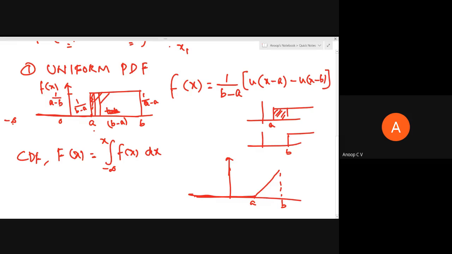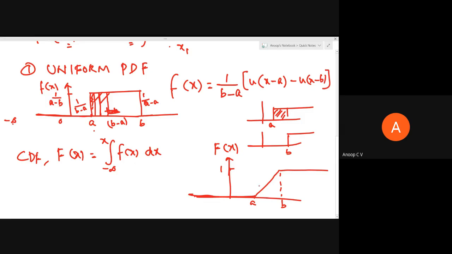If you consider the largest strip, the area will increase, and this area will be a linear function of x, right? And at b the area will be equal to 1, and further, as the probability is 0, it will remain 1. So this is the probability distribution function.